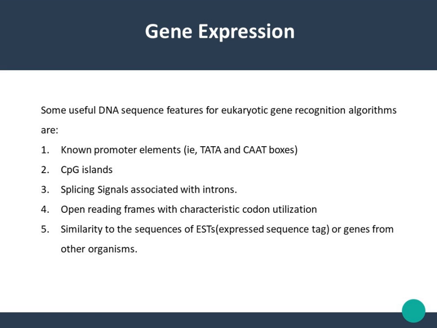We have an idea about the first 4 DNA sequence features. We have to understand some more details about expressed sequence tags, so we will discuss that in the next slide.